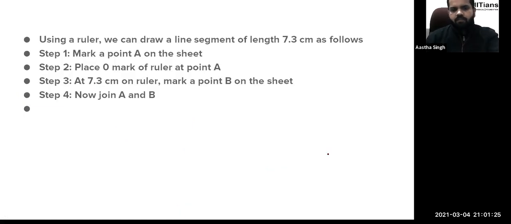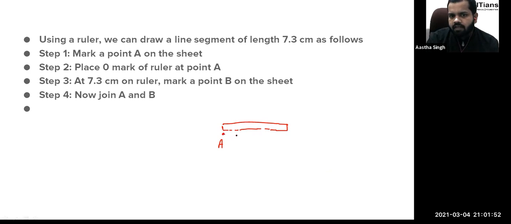Here are the steps. Using a ruler, we can draw a line segment of 7.3 centimeter as follows. Mark point A on the sheet. Place a ruler with its 0 mark at point A. Suppose this is your ruler.